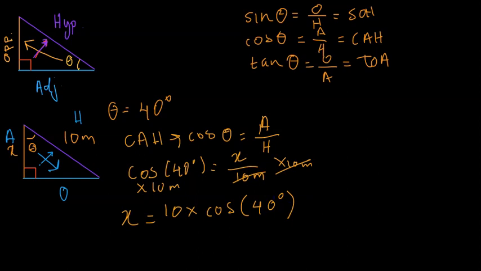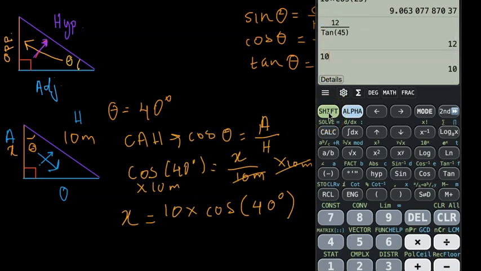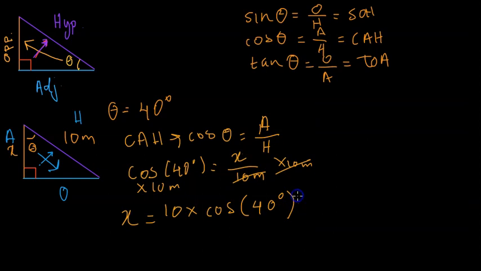Let's bring up our calculator. Ten times cos of 40 degrees. It says that it's 7.66 if we do it to 2 decimal places. 7.66 meters.